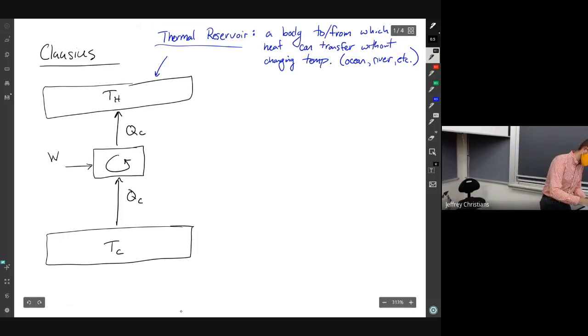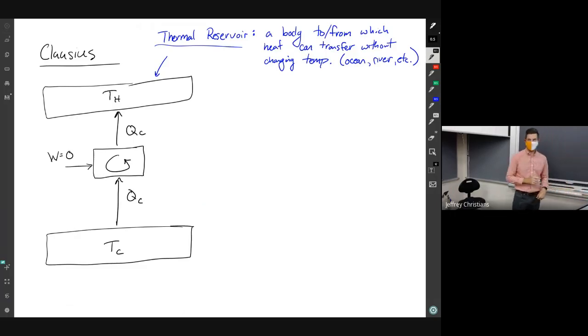We'll just say that the work input is equal to 0, to clarify that we didn't plug this thing in. If you don't plug it in, that can't happen. You can't make some contraption that forces heat from cold to hot.